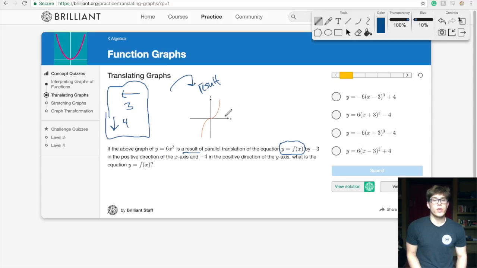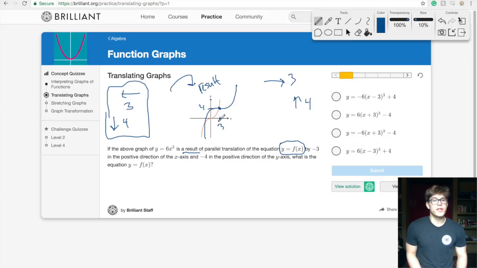So if this is the result of going left 3 down 4, then that means our previous function, our original f of x, was to the right 3 and up 4. So here will be our central spot, and this will be what our original function looks like.